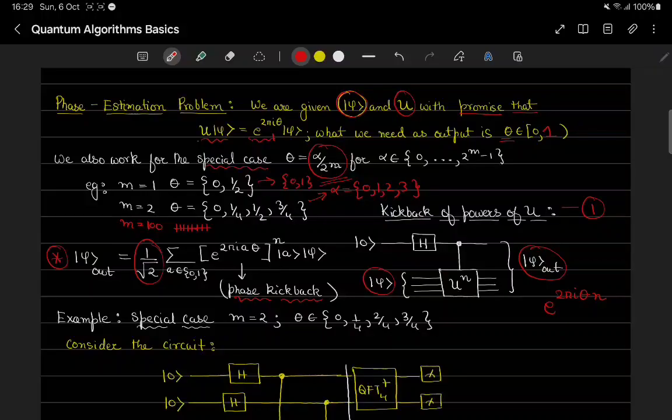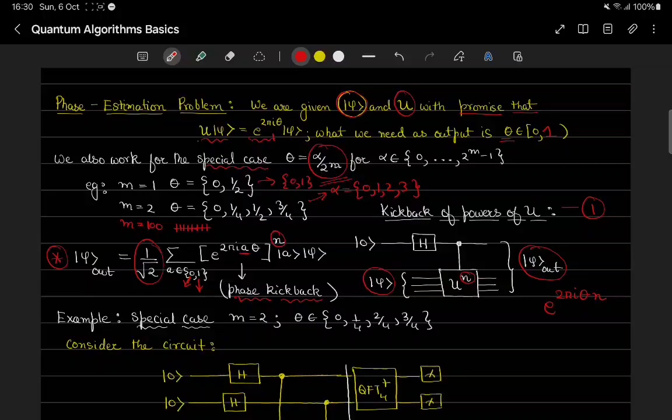It is different from the phase kickback we saw for the Deutsch-Jozsa algorithm or the Grover search algorithm, but it is also a kind of phase kickback. If you have power n, you have n times the kickback, and a nicely takes care of the fact that if it is 0, then nothing happens. If it is 1, then you conditionally apply the unitary gates.